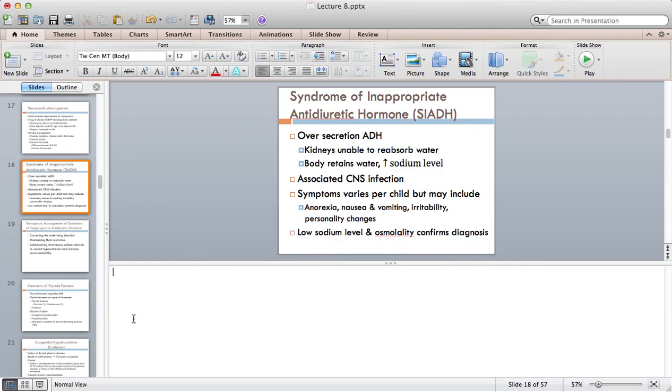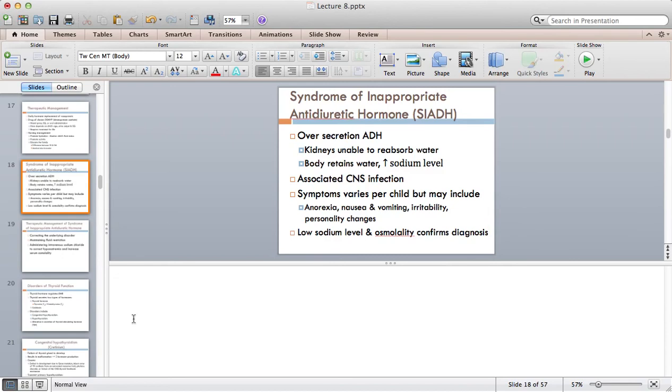Isn't it increased sodium? You said it was low. In the urine, sodium is high. But in the blood, it's low. Serum sodium is low in the blood.